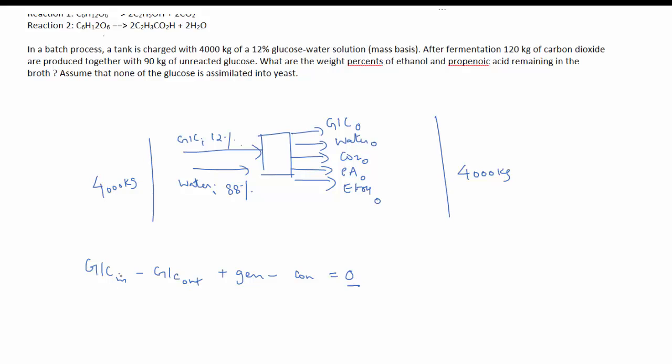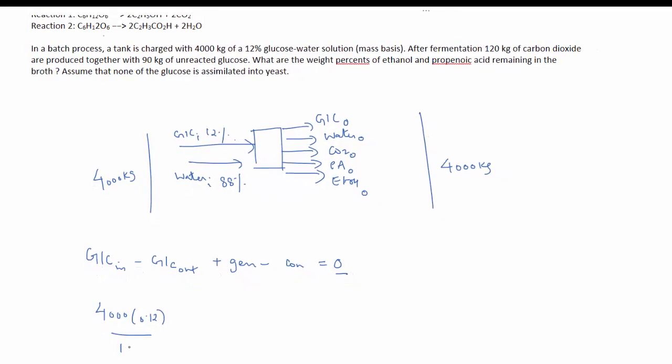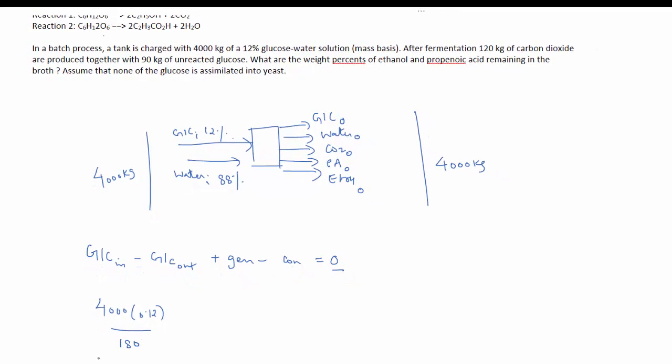So glucose in, we've got the mass. And when you have reactions, it's much better if you do the calculations in moles, because the reaction relates numbers in terms of moles through the stoichiometric coefficients. So 4,000 multiplied by 0.12 divided by 180. So that's going to be the moles of glucose coming in.